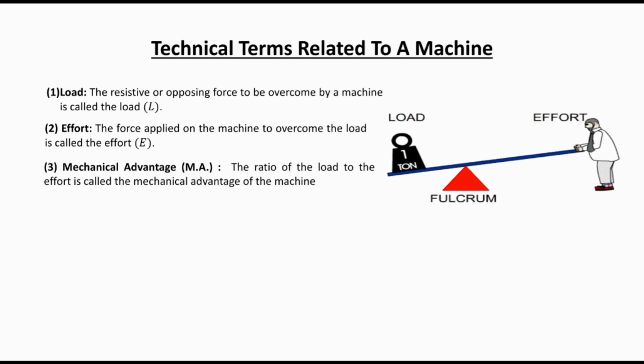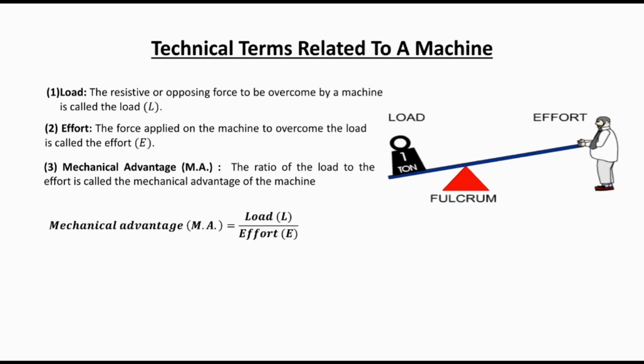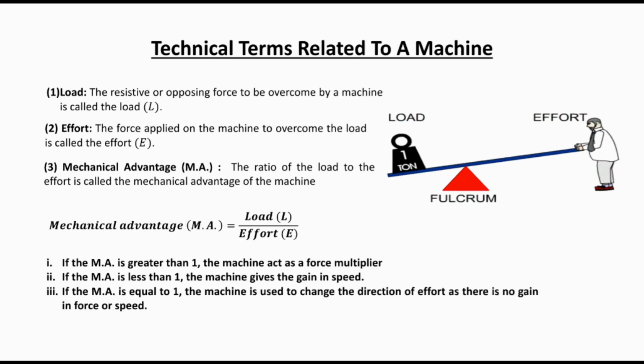Third is mechanical advantage. The ratio of the load to the effort is called the mechanical advantage. So I can say mechanical advantage is equal to load upon effort. If the mechanical advantage is greater than 1, the machine acts as a force multiplier. That is, by applying less effort, I can lift more heavy objects.